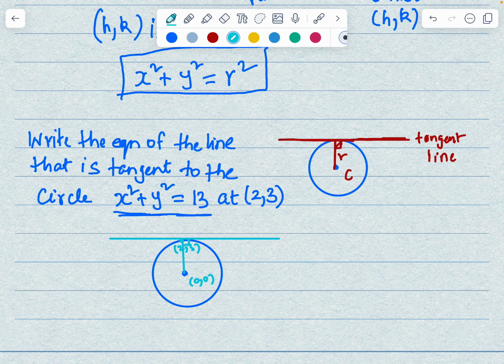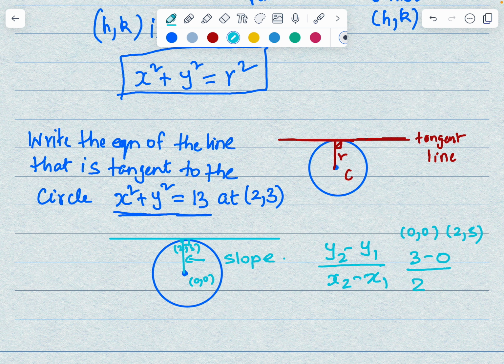You know 0, 0 and 2, 3, so the slope is y2 minus y1 by x2 minus x1, which is 3 minus 0 by 2 minus 0. So your slope is 3 over 2.